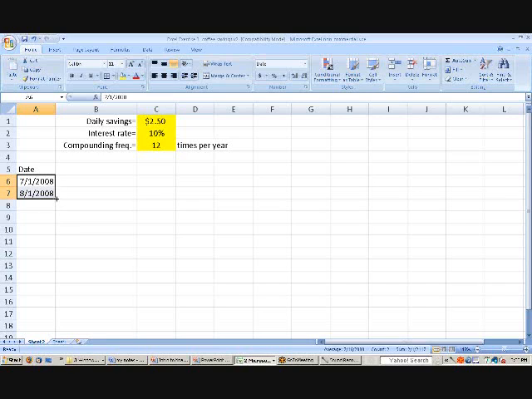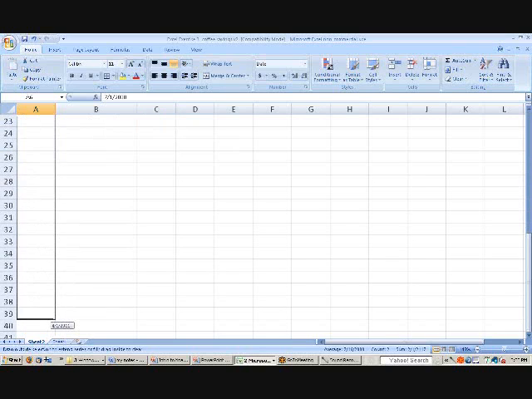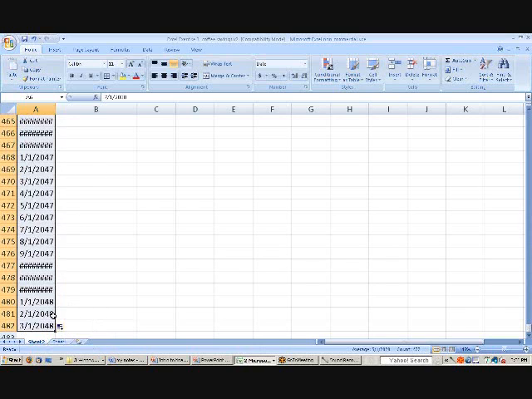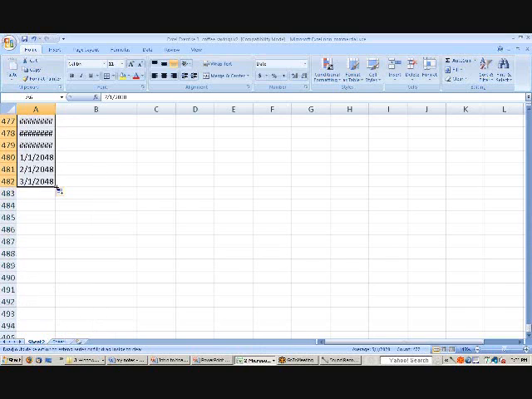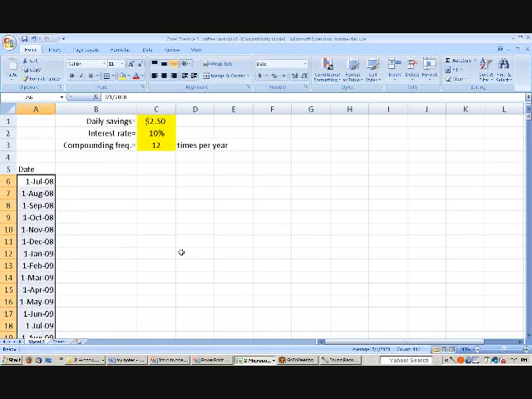And so we can just drag from here. Excel recognizes that we're looking at a monthly basis, so we can just drag down all the way to July 1st, 2048.